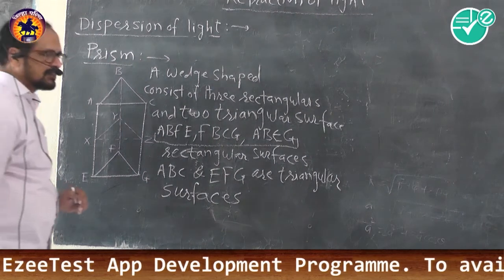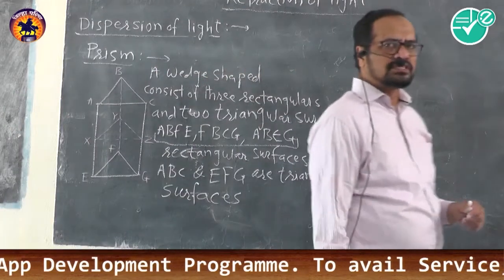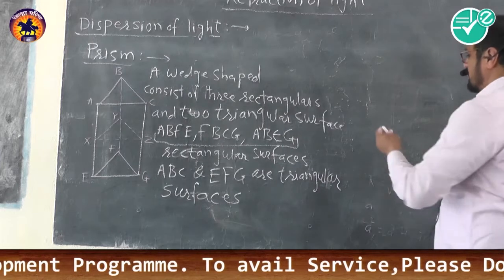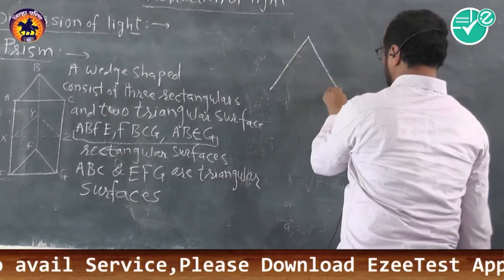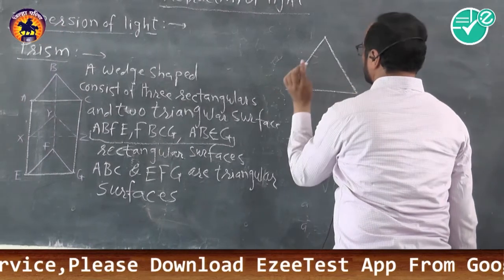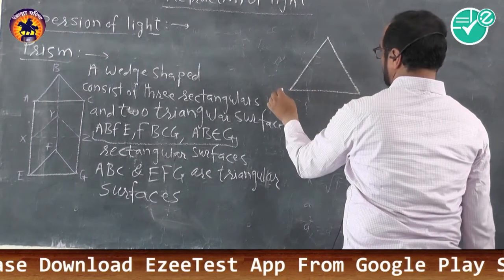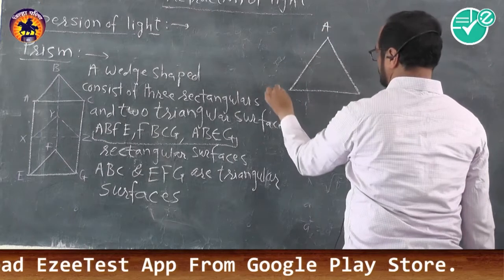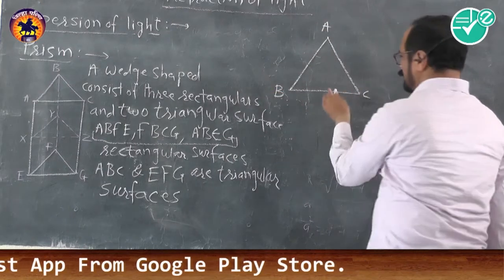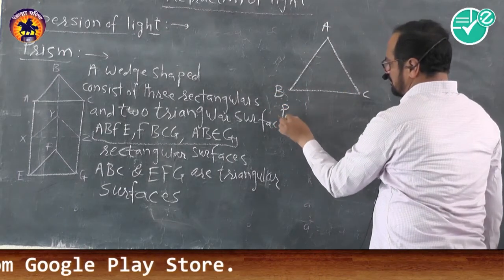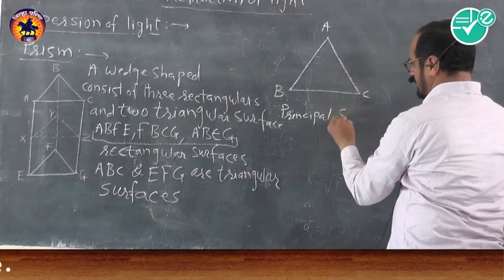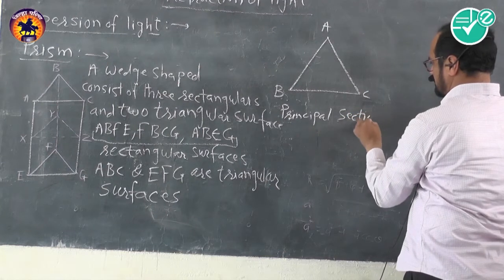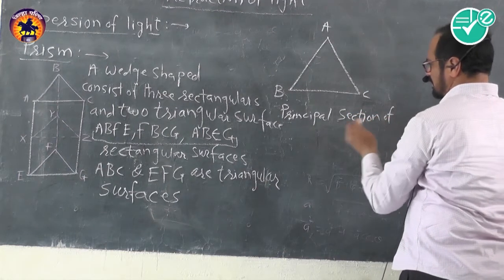If we want the principal section of the prism, we can draw the figure like a triangle. This is the triangle ABC. So it is the principal section of the prism.